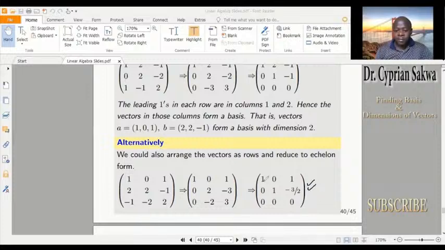And again, it's very important that I identify the leading ones. I have this leading one and this leading one.